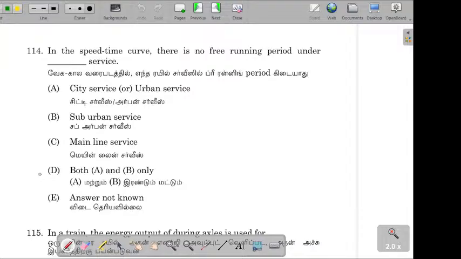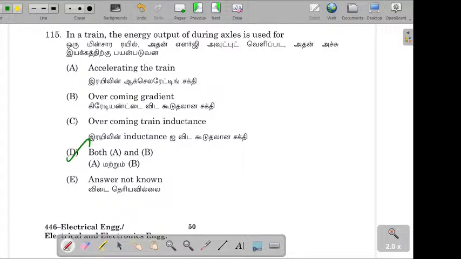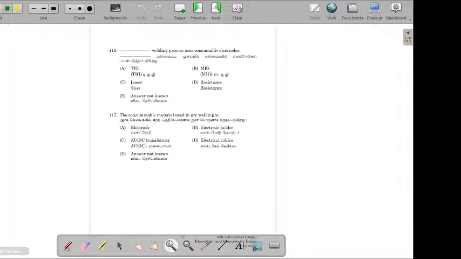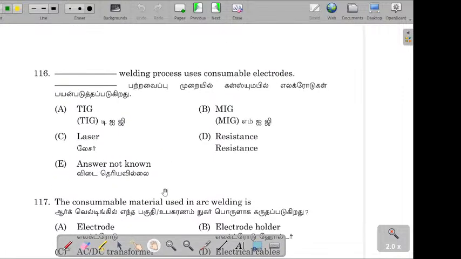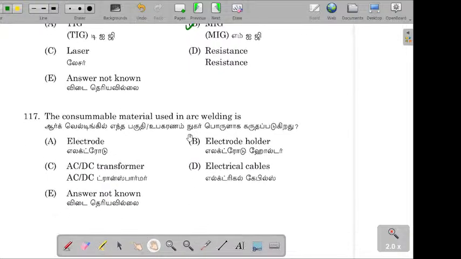The option will be both A and B. In a train, the energy output of driving axles is used for accelerating the train, overcoming gradient, overcoming train resistance, both A and B. Option will be both A and B. Dash welding process uses consumable electrodes. MIG. The consumable material used in arc welding is electrode.